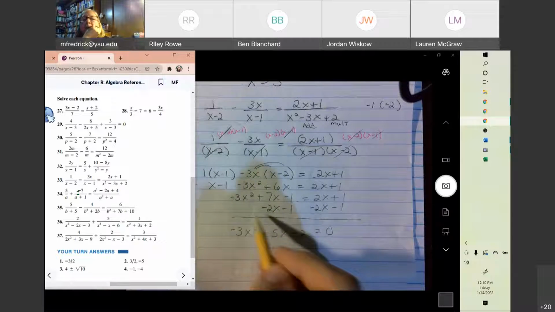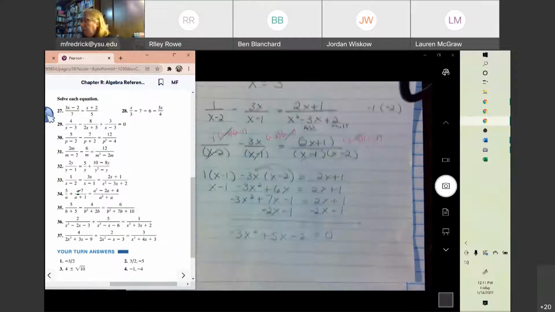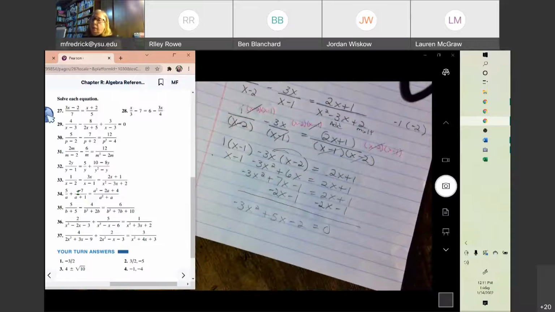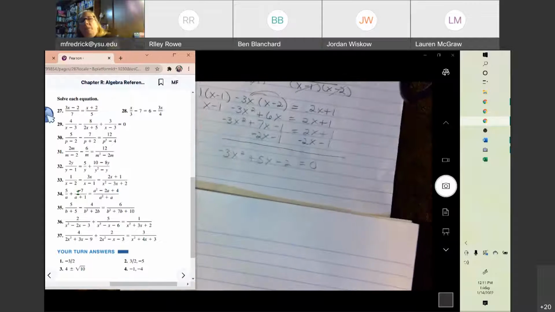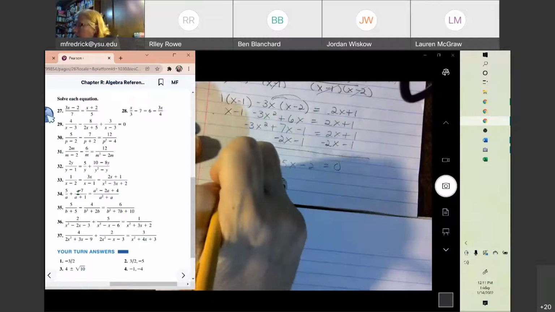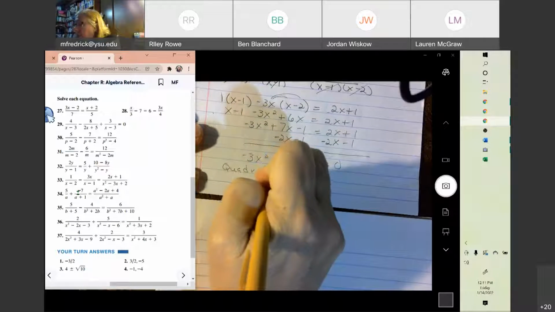No, this one, it is factorable, but since we didn't do the quadratic formula, I want to use this one on the quadratic formula because I know it was one of the ones I wrote down to do, was a quadratic. Because sometimes it's not factorable, and so then when it isn't, you need to use, and if you don't already have it memorized, you do want to memorize it.